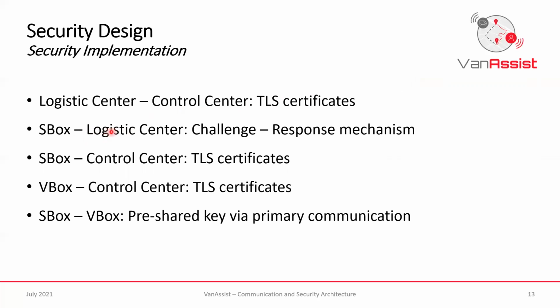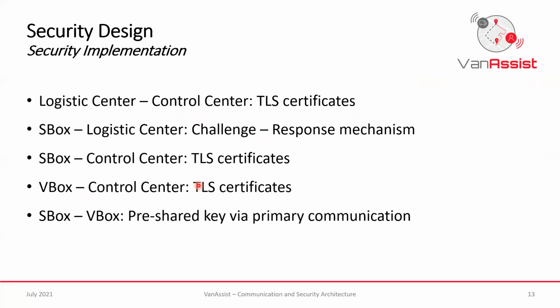Between SBox and logistics center, there is a challenge-response mechanism with which the logistics center can authenticate an SBox, which we explain later. Between the SBox and control center, again, TLS certificates are used to perform the security needs. And between the VBox and control center, we also use TLS certificates.